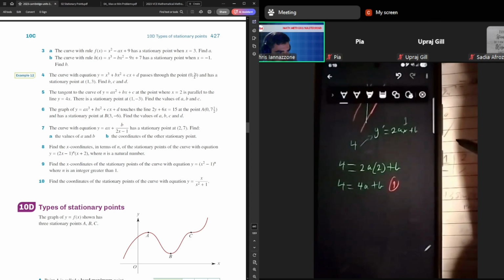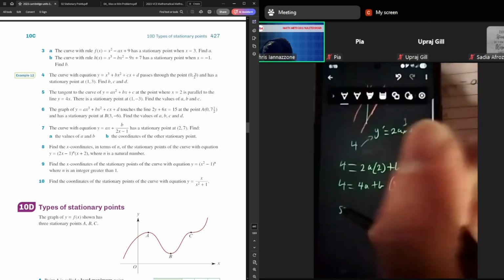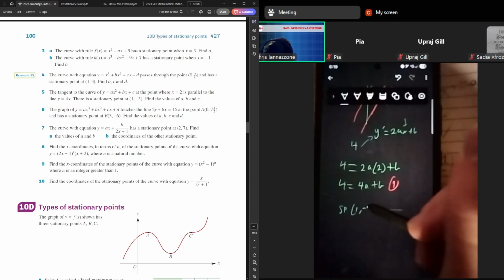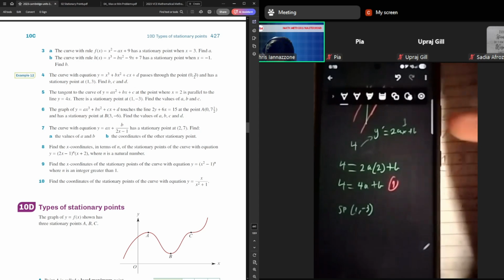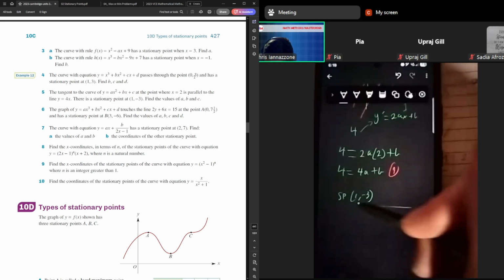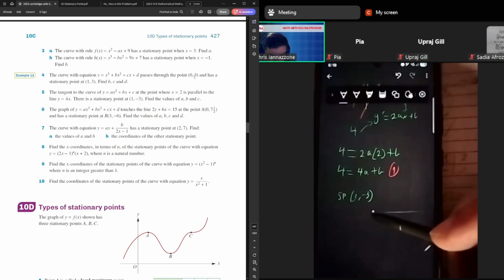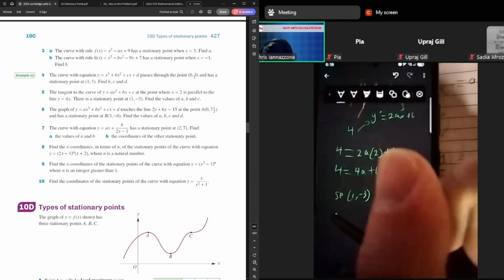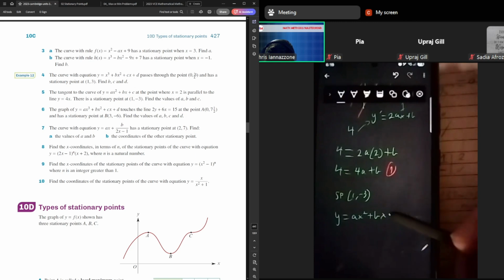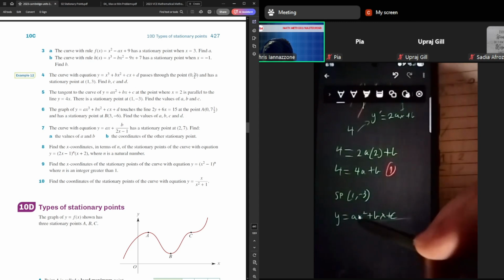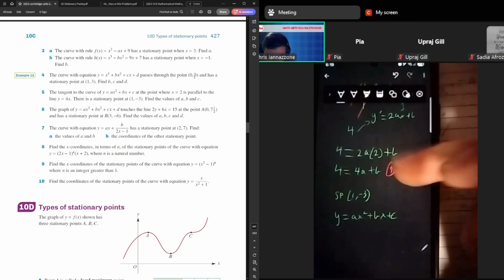The next 2 equations are going to come from our stationary point. So we have a stationary point at (1, -3), which means, first things first, this is an x and y pair, and so we can take our original y equals ax squared plus bx plus c, replace every x with 1 and every y with negative 3.